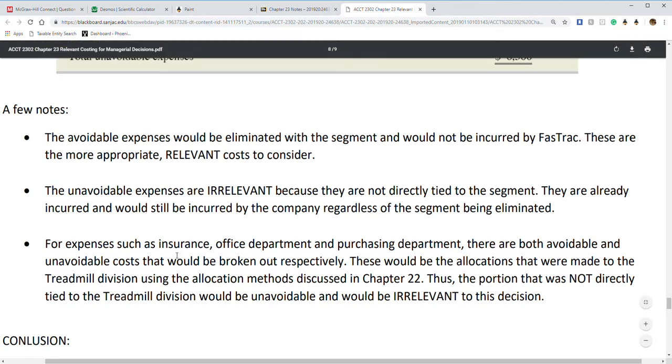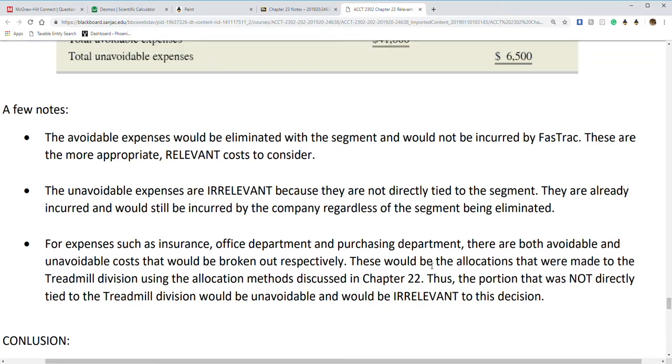Expenses such as insurance and department costs have both avoidable and unavoidable portions. Thus, allocations made to the treadmill division use allocation methods that we've already done in chapter 22, the prior chapter, and only the portion that was not directly tied to the treadmill division would be unavoidable, and again, irrelevant.